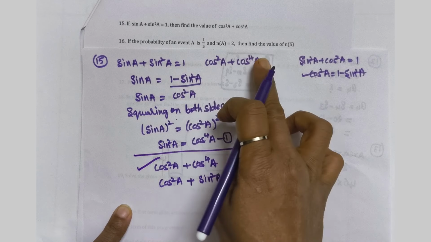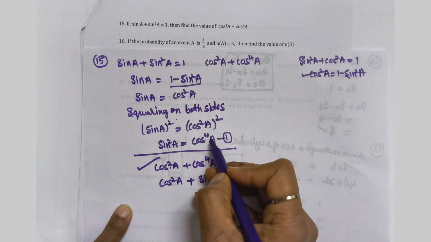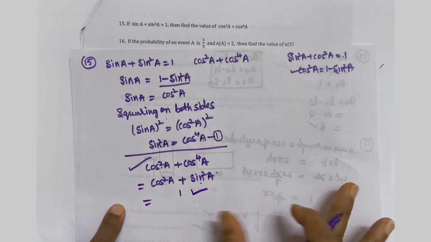Write this one as it is. So cos to the power of 4A plus we can write cos square A. So sin square A plus cos square A is equal to what is the answer? The final answer is 1.